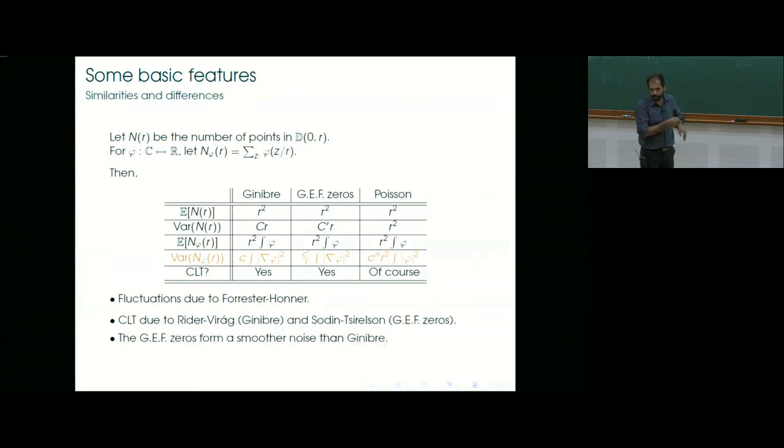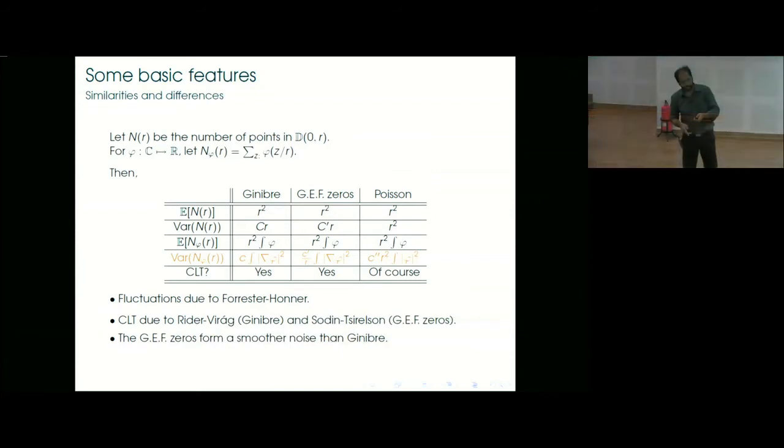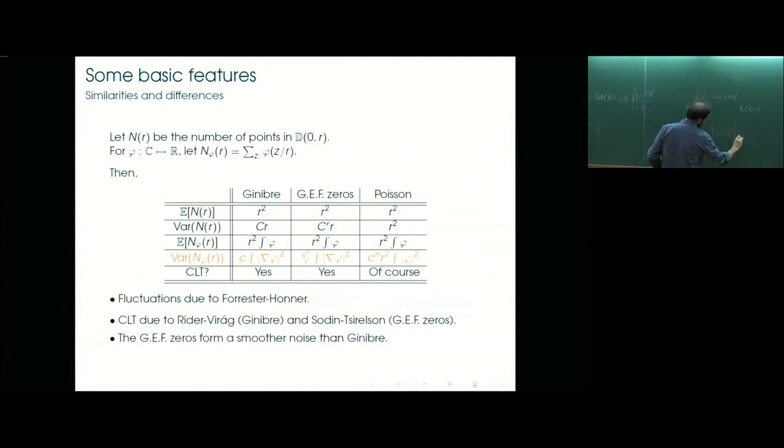Even though you are covering larger and larger regions and adding this function at those points, the variance is going down to 0. It is going down like this. Again, sorry for the typos. For the Gaussian entire function zeros, it should have been not the gradient but the Laplacian of phi squared.